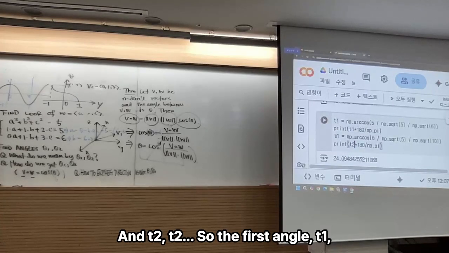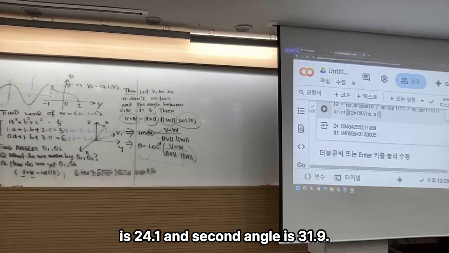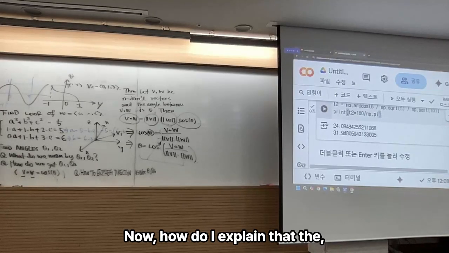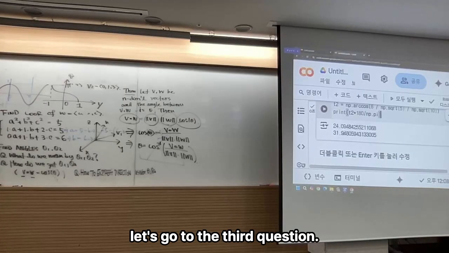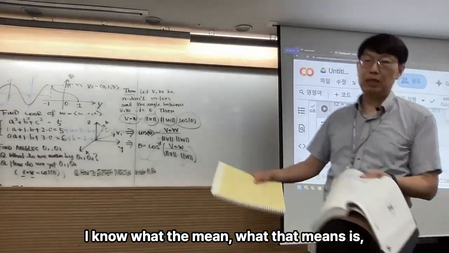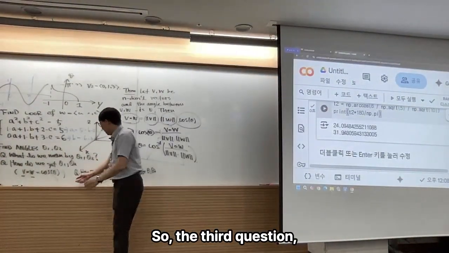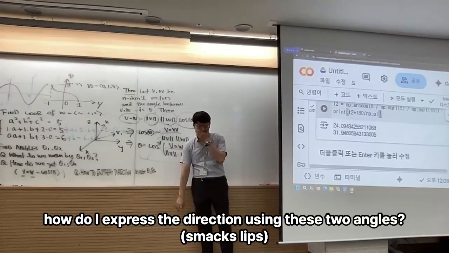And that's T2. So the first angle, T1, is 24.1, and the second angle is 31.9. Okay, I have two angles. Now, how do I explain that? So let's go back to the third question. So now I know the angle. I computed the angle, and I know what that angle means. So the third question: how do I express the direction using these two angles?